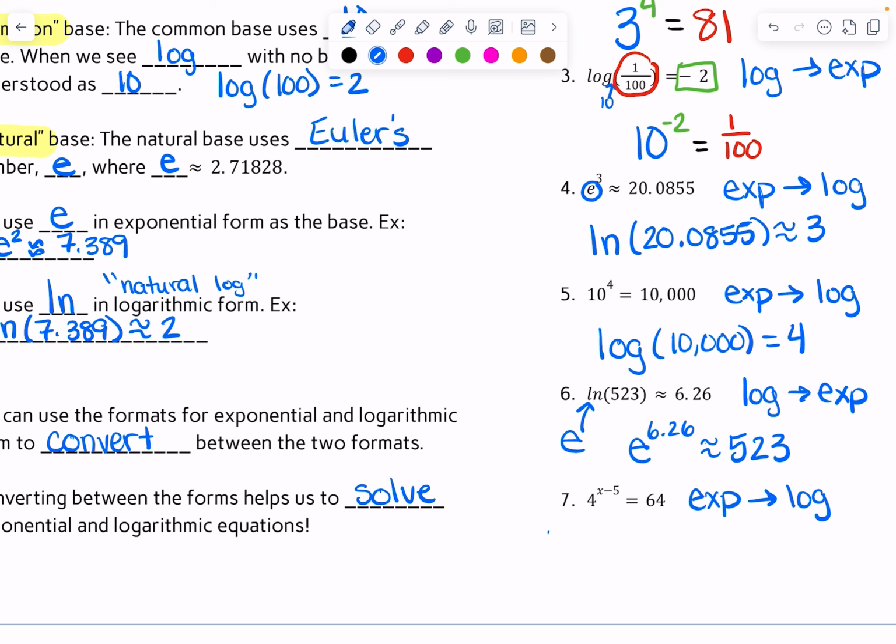So here, I know my base is 4, so I'm going to have log base 4 of my output, which was 64, equals my exponent of x minus 5. Now, log base 4 of 64 has a value, which means we could, which we will do in a future video, finish solving this equation for x.